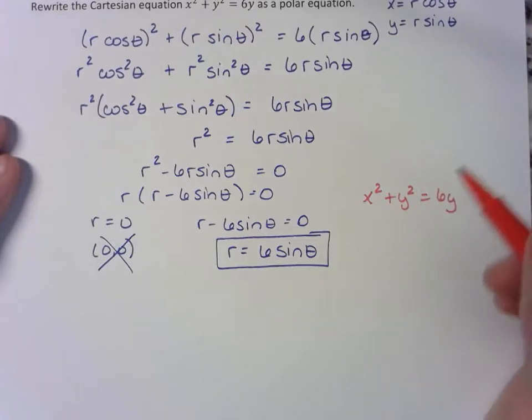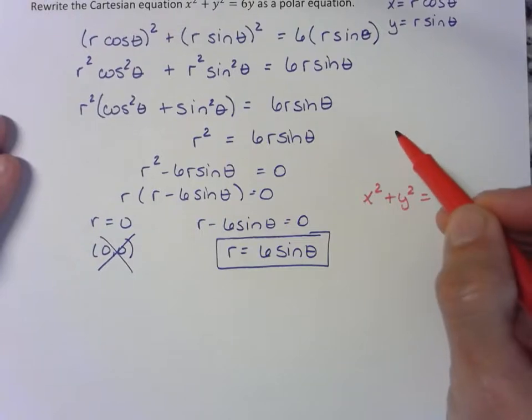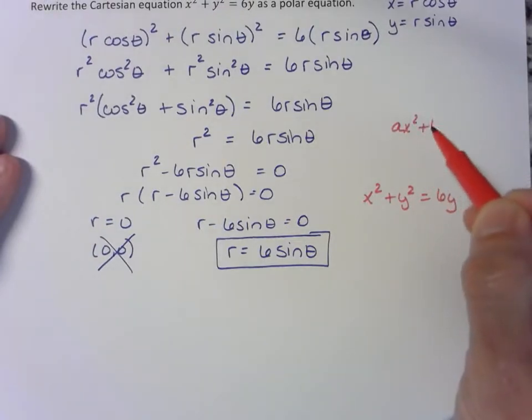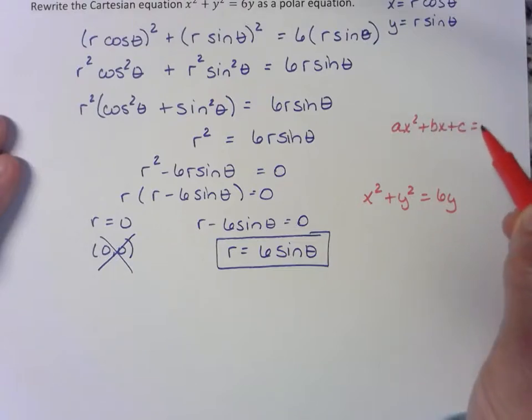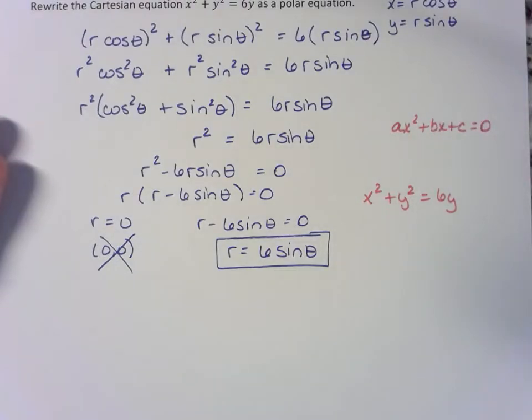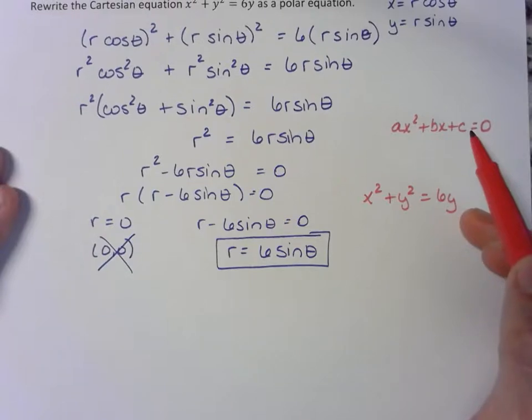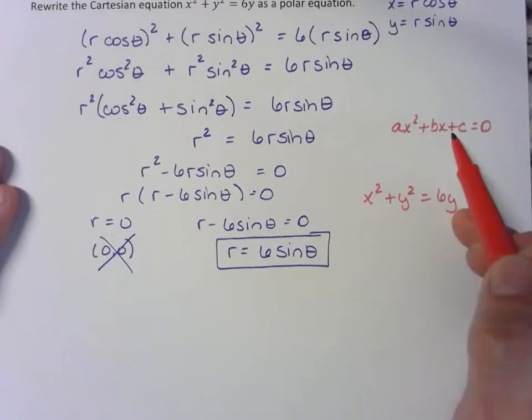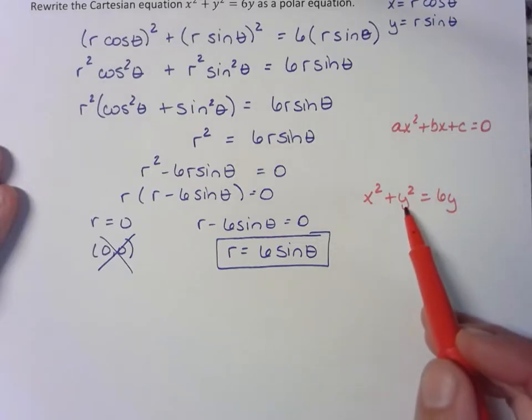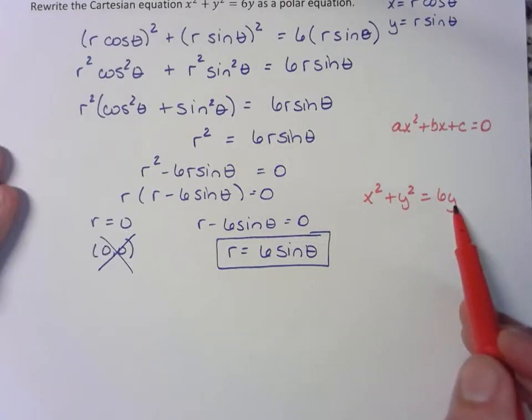That means we have some sort of quadratic going on. Remember, quadratic equations are normally of the form ax squared plus bx plus c equals 0, where your a, b, and c are just your coefficients and your constant, and your variable is x. Well, in this case, our variable is going to be y.